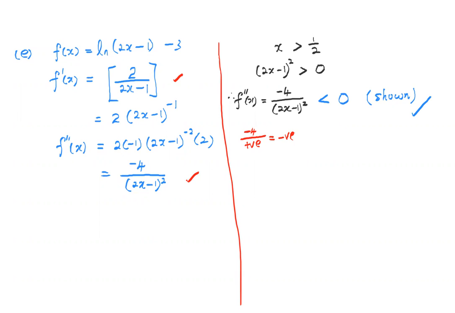In this case, you have to look through the function and argue it out. If you just give me the sign diagram, you get 0 straight away under the explanation. Okay, any question?